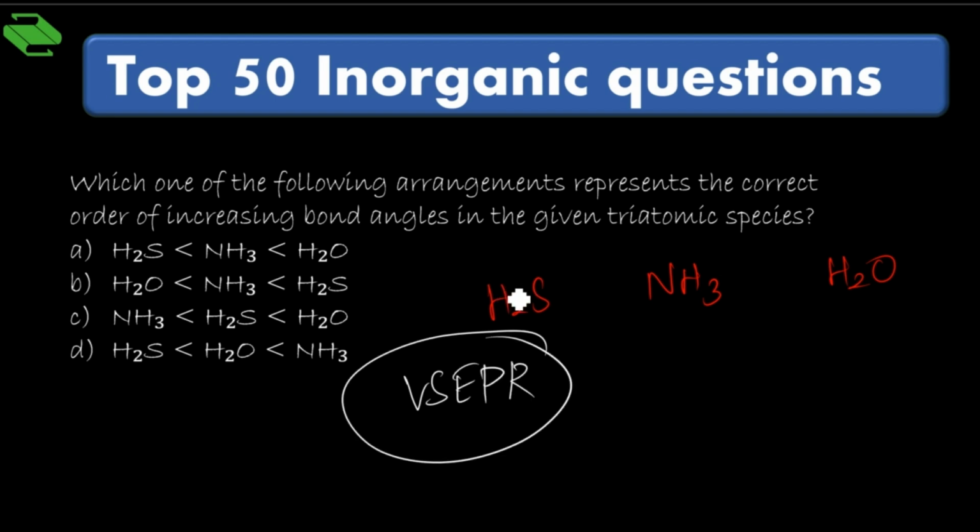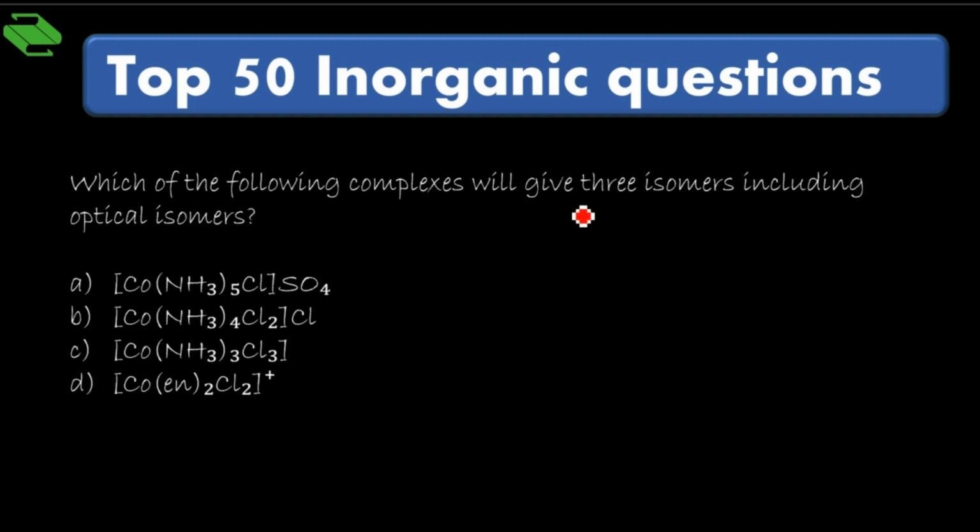So if I'm talking about the bond angles based on the lone pairs, they're having 2 bond pairs, and the bond angle becomes 92 to 96 degrees, and for ammonia it became 107, and for water that is 104.5. It's the effect of the lone pair present there because of the repulsion, right? So what would be the right answer? Ammonia would be the highest, then comes water, then comes H2S.